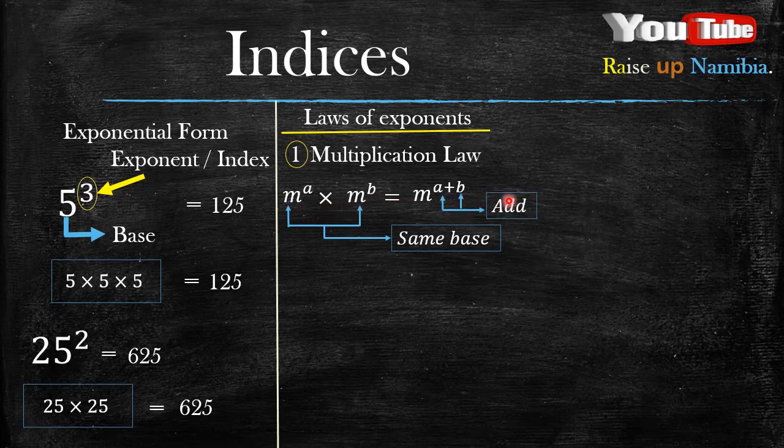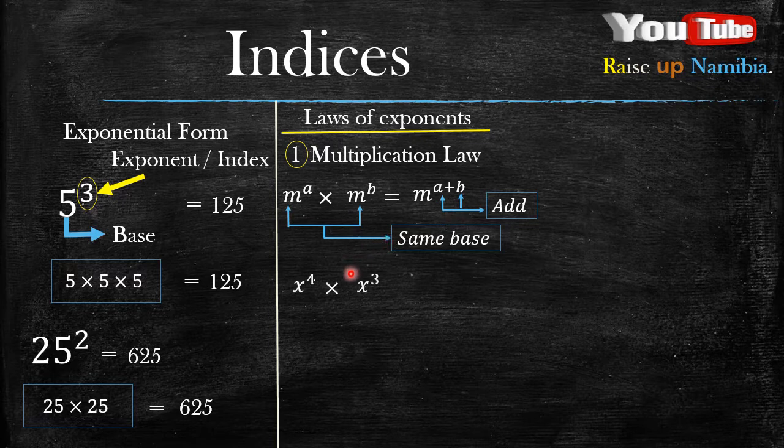You add the exponents. In this instance, our exponents are a and b. The bases are m, which means they are the same, so we add a and b. If you don't understand this law, don't worry. We will get into examples that will enlighten your understanding.